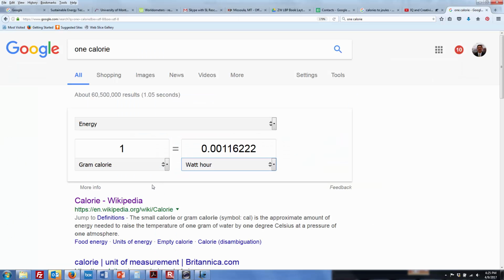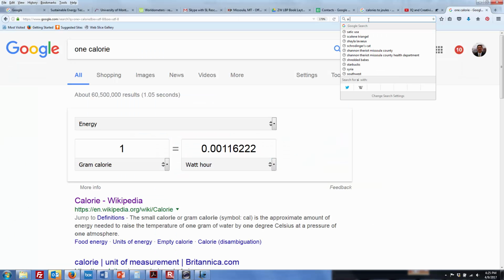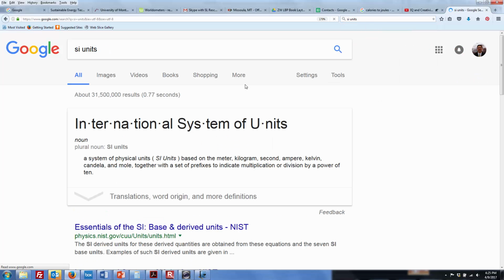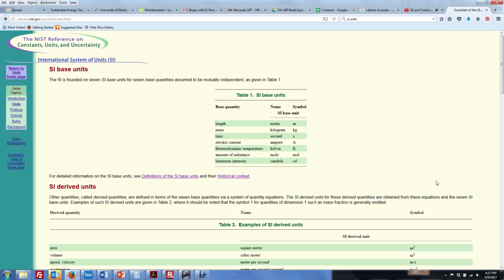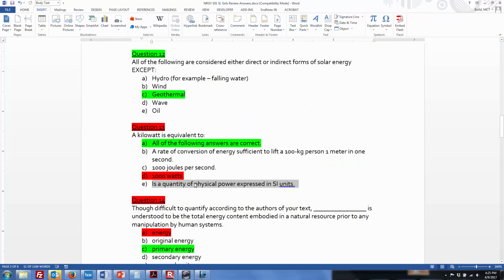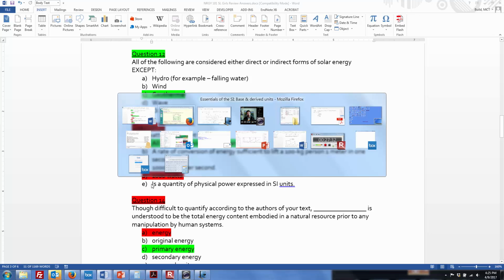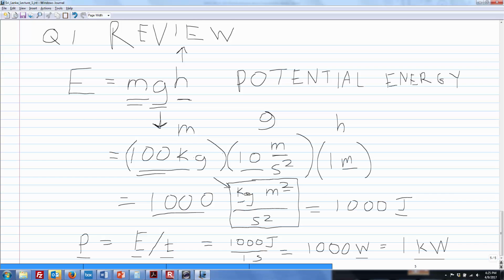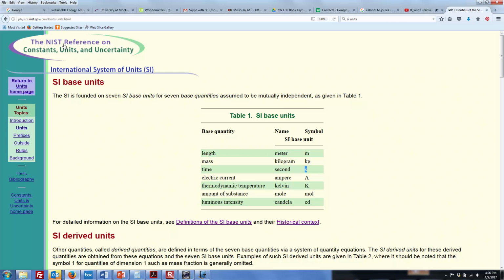So let's just review SI units for a little bit here. The standard is a meter, a kilogram, and a second. So kilograms, meters, seconds, and we go to NIST.